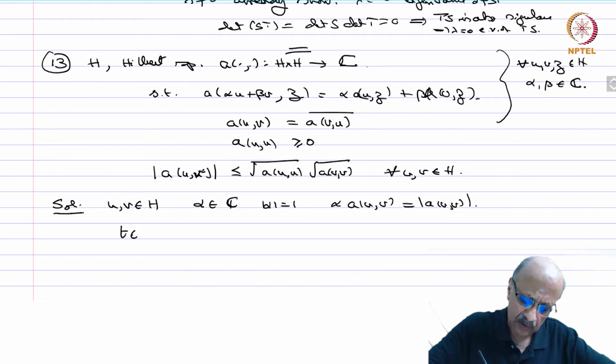Okay, let t belong to R. So you have 0 less than or equal to A of (alpha u minus t v, alpha u minus t v) by the third property.